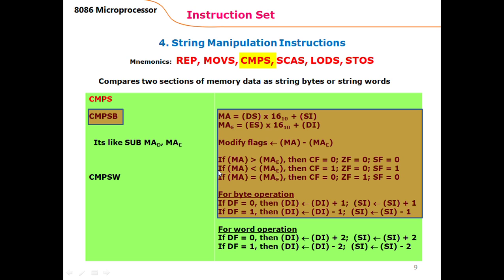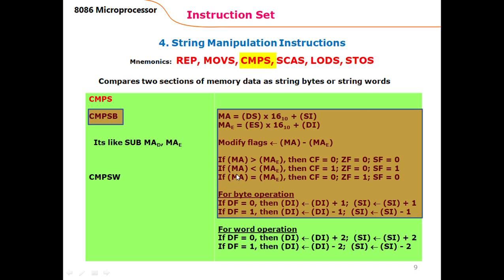And the flags are affected as follows. If the byte at MAD is greater than the byte in the extra segment MAE, then no carry is needed, so the carry flag would be 0. The value is not 0 because one is greater than the other, so the zero flag is 0 because the result is not 0. The sign flag is 0 because the sign is still positive.